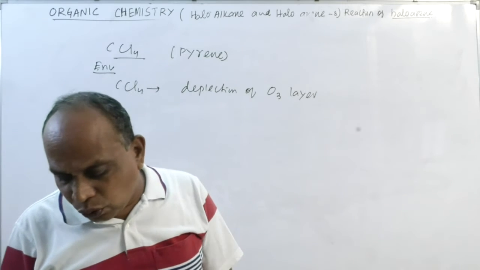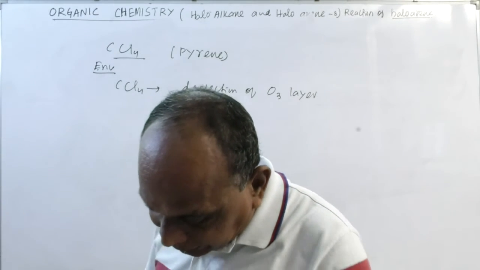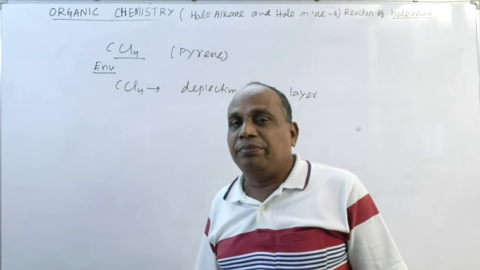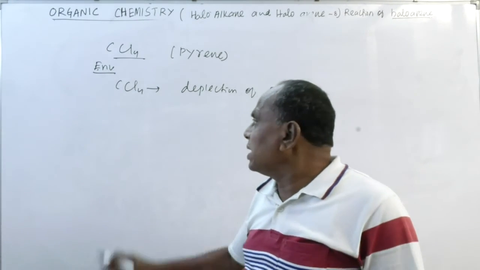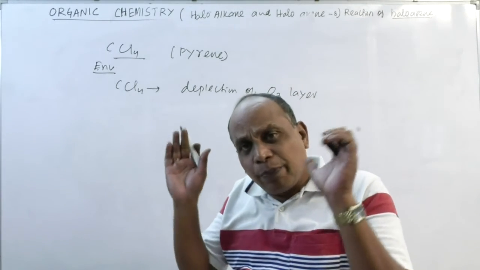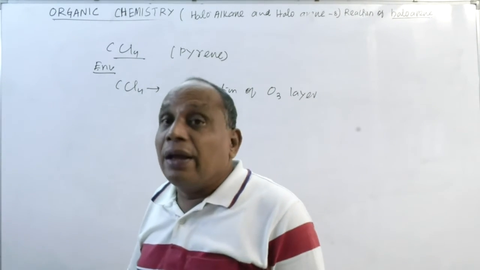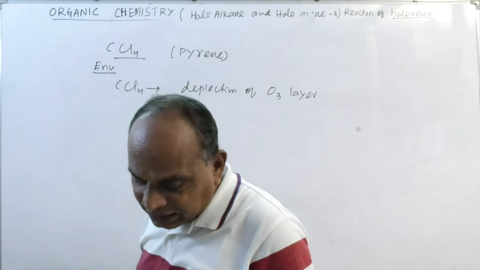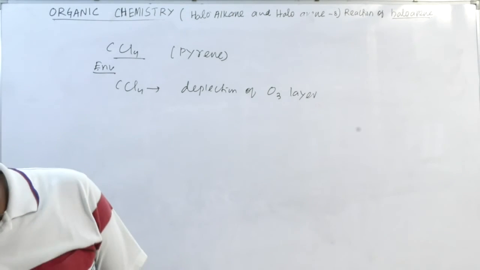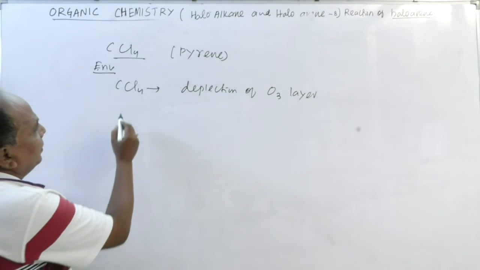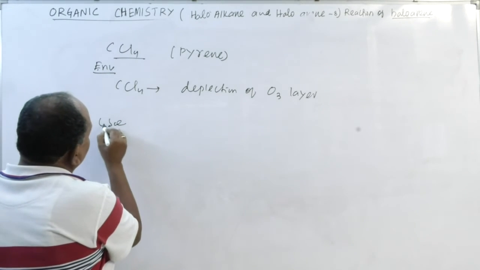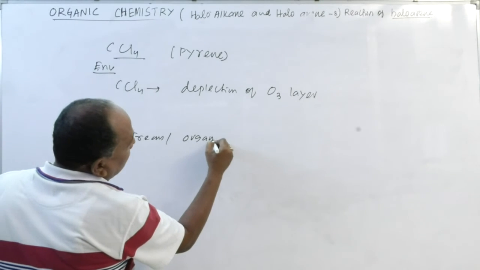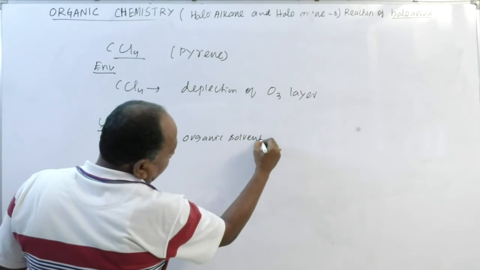It can also permanently damage the nervous system because it is a little unreactive. It can deposit, not react with any other component, and it can affect the metabolic process. So it is particularly used for the preparation of freons and also as an organic solvent.